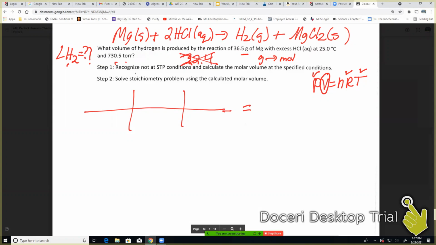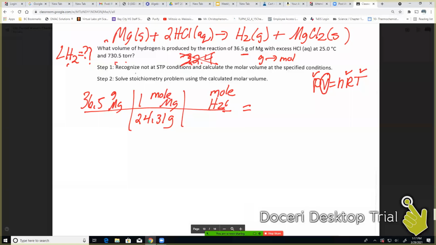So I'm going to start with my given 36.5 grams of magnesium, and I need moles of hydrogen so I can put it into my ideal gas law, finish it up. So we've already used that 24.31 grams per 1 mole of magnesium.